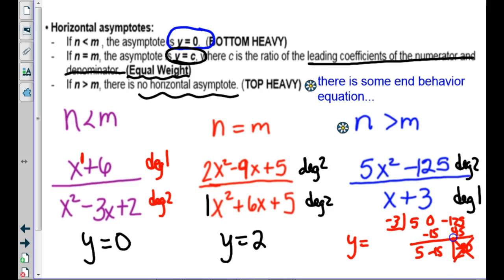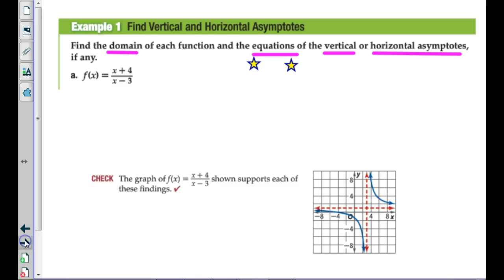Ignore the remainder. So this would have an asymptote that was oblique or at an angle of this, which is what? Equation. y equals 5x minus 15. So if I graph that line, y equals 5x minus 15, that's what this rational function would look like. All right, so that was an overview of everything on the reference sheet.